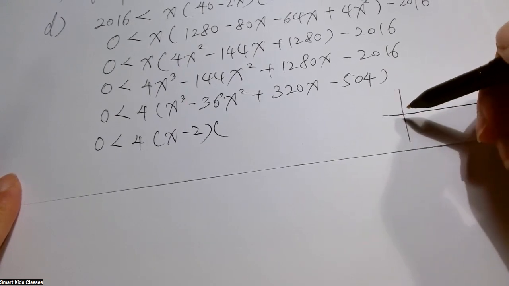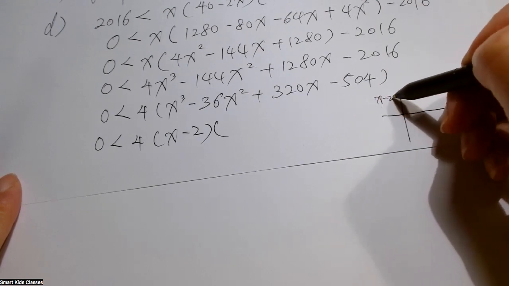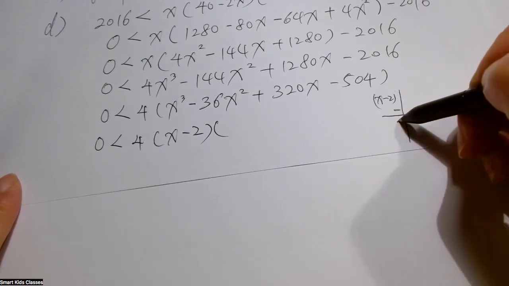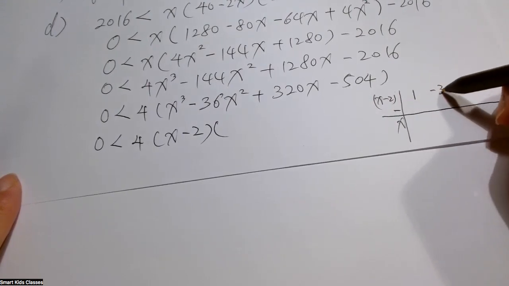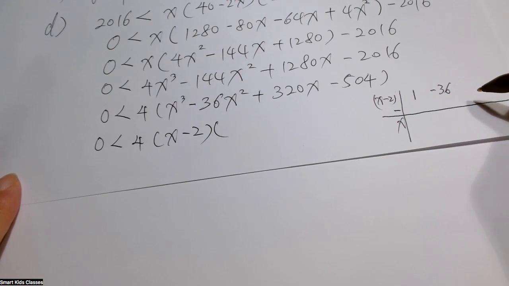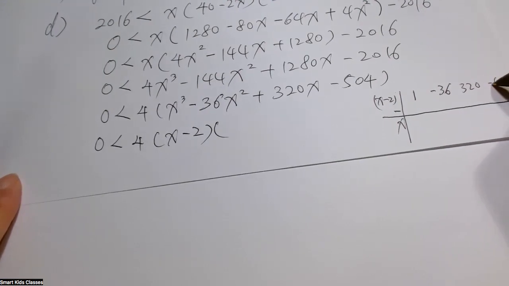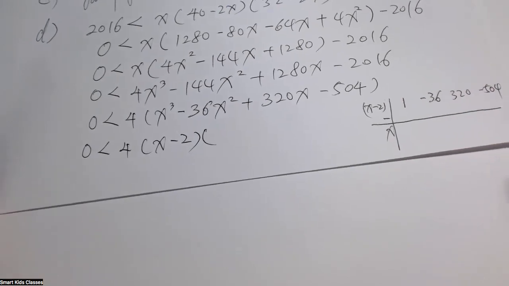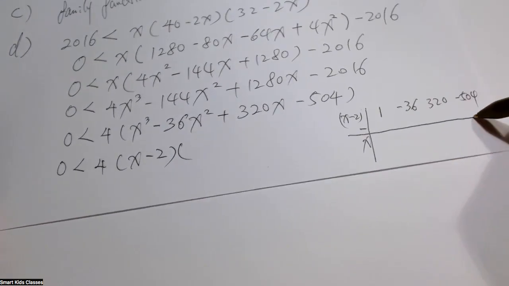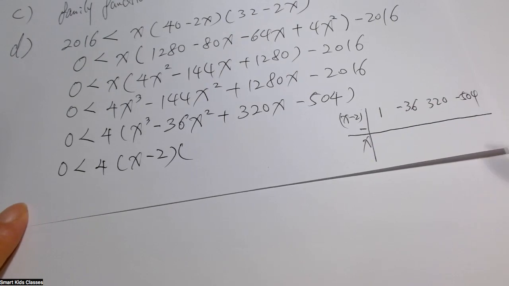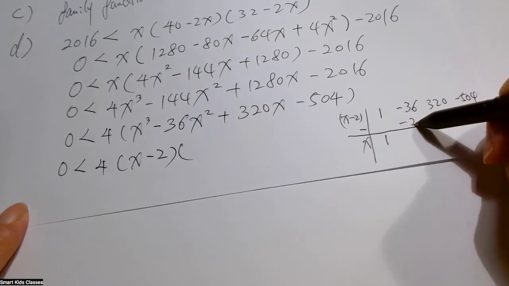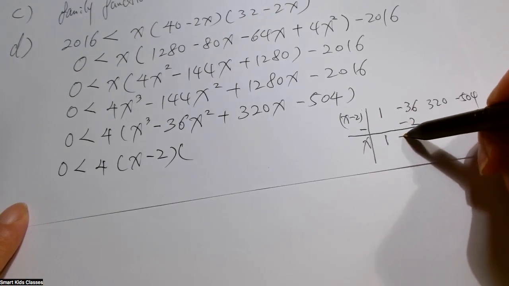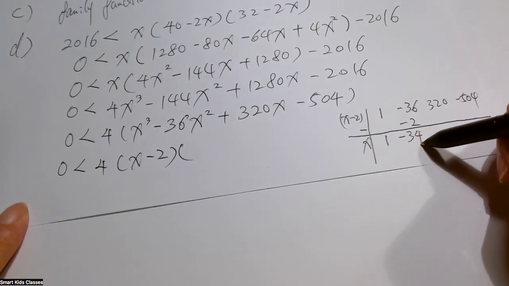So x minus 2. The coefficients are 1, negative 36, 320, and negative 504. So we put the numbers here. 1, we get negative 2, so we get negative 34.